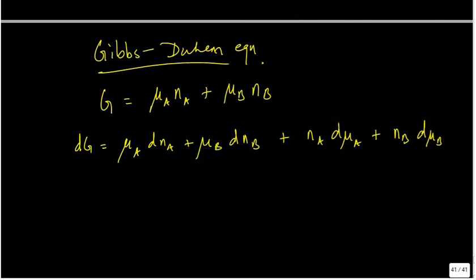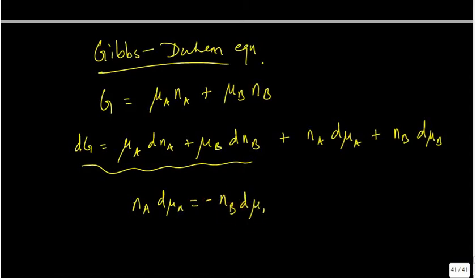And because I know that dG is equal to the first two terms, NA d mu A plus NB d mu B is equal to 0, so NA d mu A is equal to minus NB d mu B.